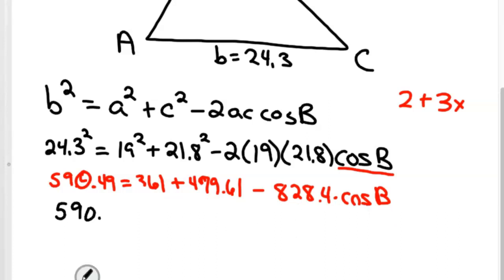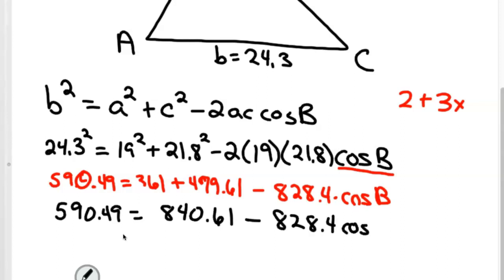We got 590.49 equals 361 plus 479.61. Add those together, and you should get 840.61 minus the 828.4 cosine of B.